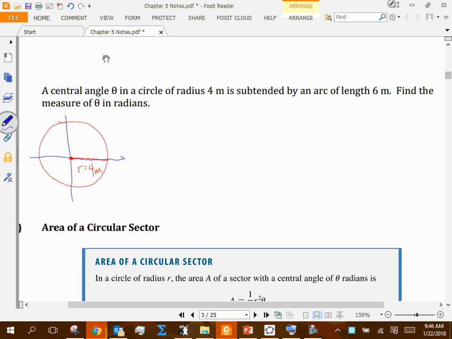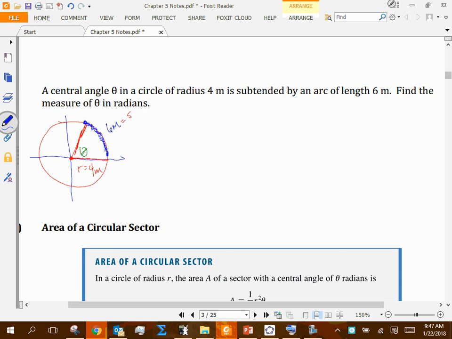So my arc might be that arc right there, and it's saying it's 6 meters. If we have that situation, where arc length, remember, is S, and we have that information, can you work back inside and find that angle theta?